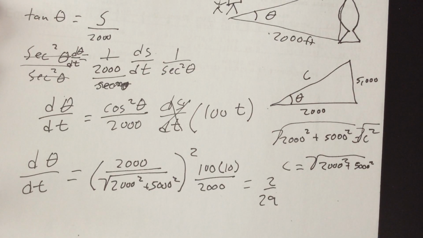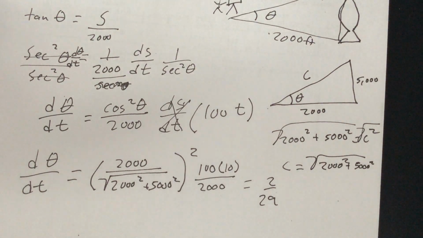So 2/29ths of a radian is how our angle is changing per second. So again, radians, if you think back to that, we have degrees to measure angles. Radians is another form of that. Think like British standard and metric, just two different ways to measure it. It's still the same sort of thing.